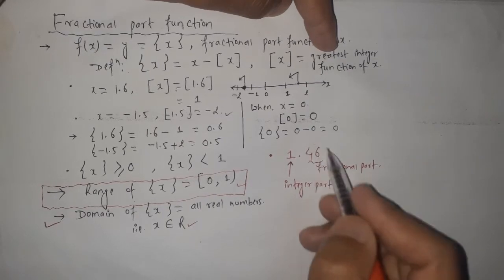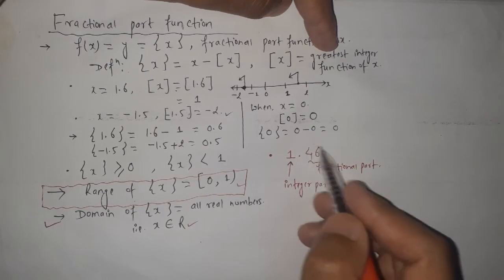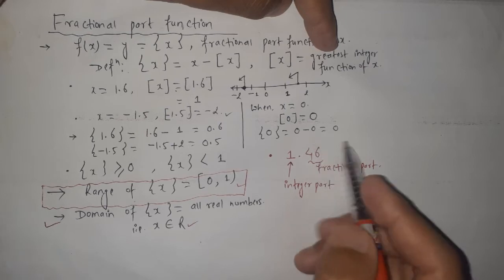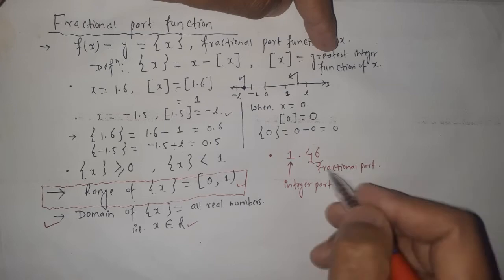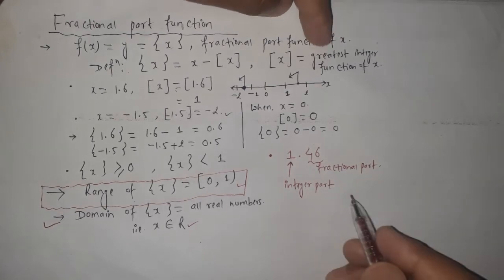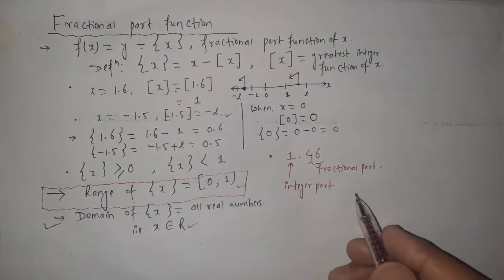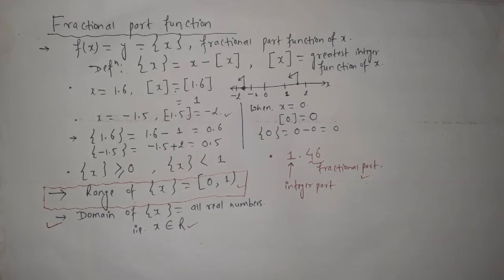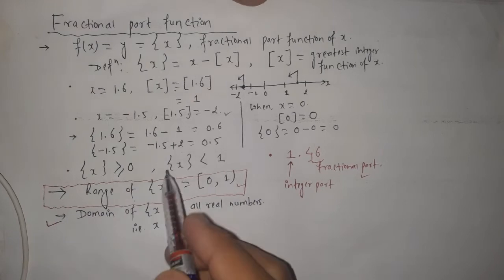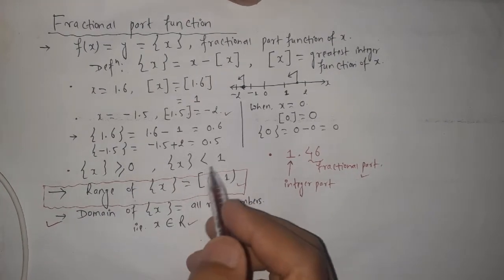The fractional part is always less than 1. We already know that the fractional part is always less than 1. It should not be equal to 1. So the fractional part function is also less than 1.